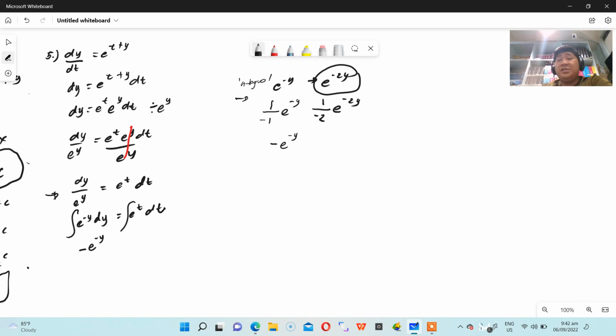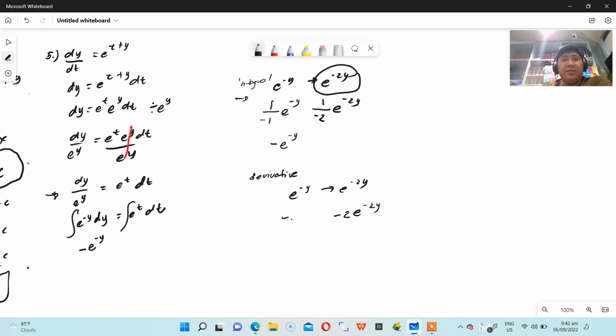So this is a quick review. If that is a derivative, that is different. If that is a derivative, you will multiply by negative 2, then copy this one.